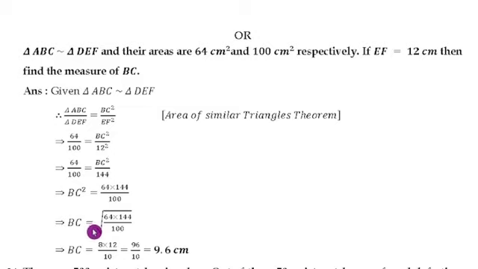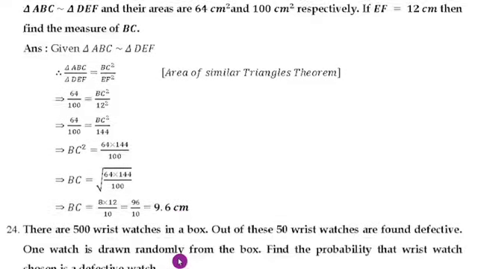So BC is equal to square root of 64 into 144 divided by 100. So 64 you can write as 8, 12 and 10. So 8 into 12 divided by 10, therefore 96 by 10. The answer is 9.6 centimeter. Therefore the measurement of BC is 9.6 centimeter.